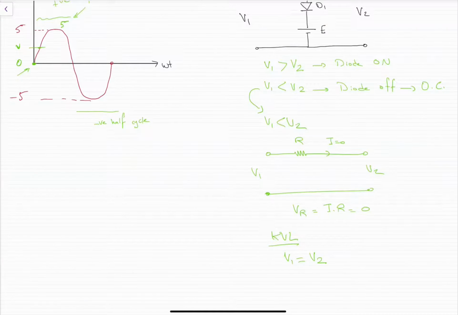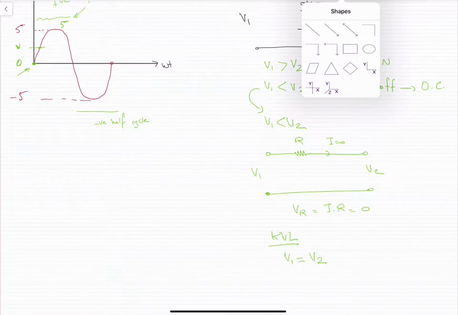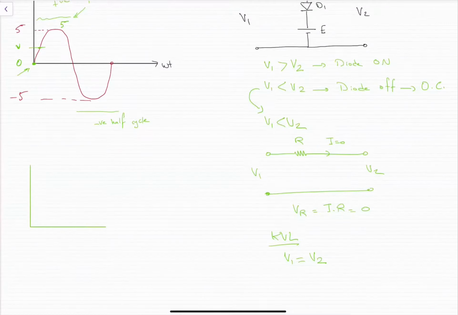This means if we want to plot the output value of V2 with respect to time, we see that V1 equals V2. So from here, V1 will equal V2. So V2 will be rising in the same way as V1.